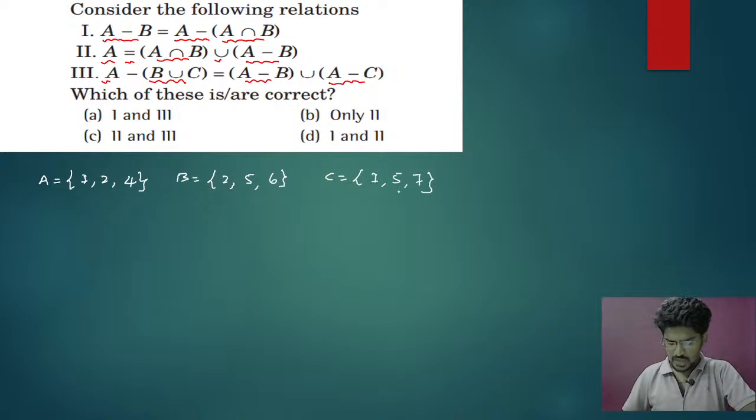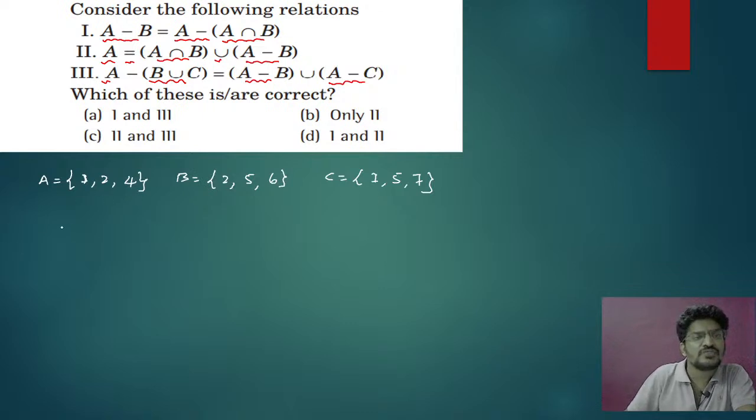Okay, so now we shall verify the following statements. See here, A I have taken as 1, 2 and 4, set B as 2, 5, 6, and set C as 1, 5, 7.